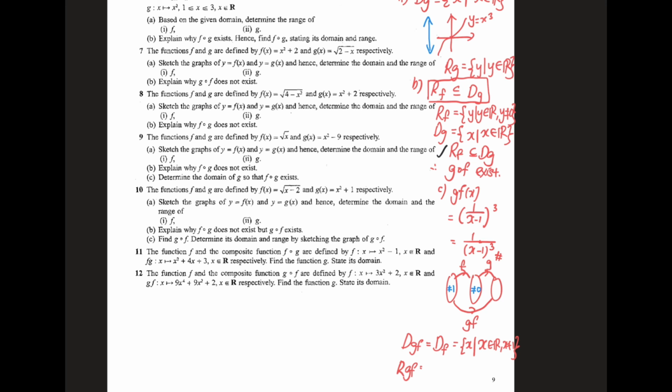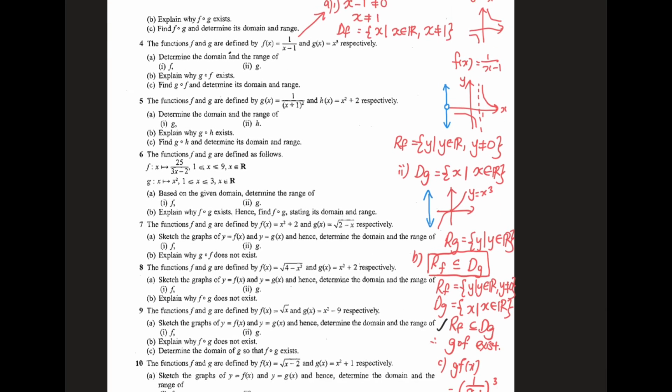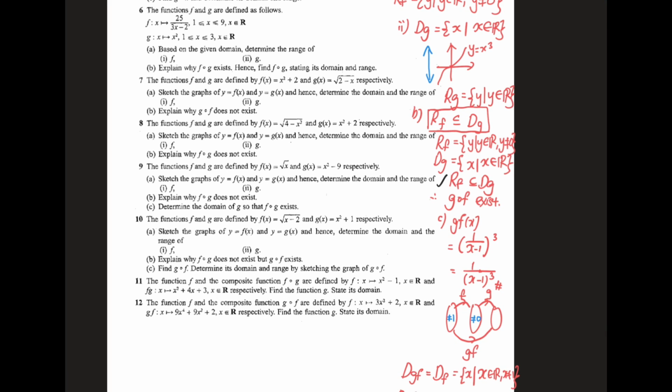If it cannot take 0, then look at function g, which is basically x cubed. The object for function g cannot take 0 now.